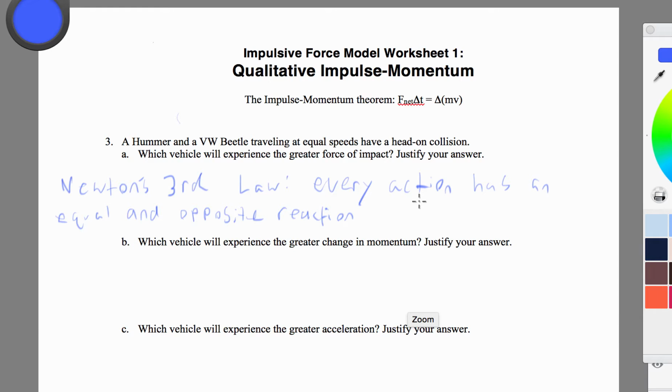So that means that during this collision, right here, right there, let me go back again. Let me even do it in slow motion. Here they come. The second they hit, the forces must be equal and opposite.